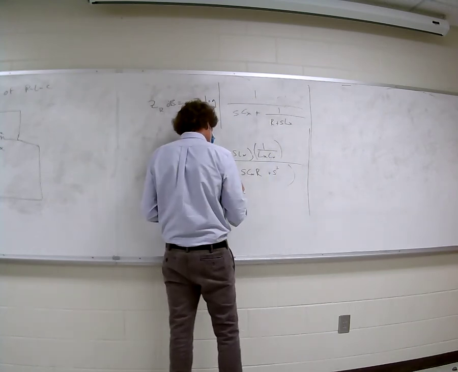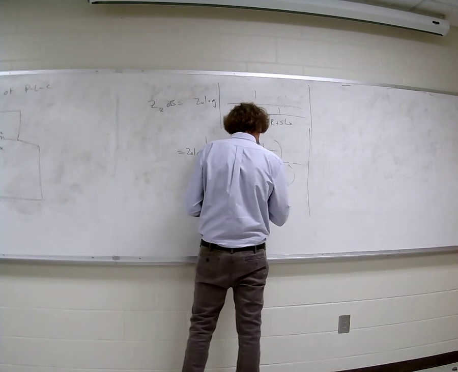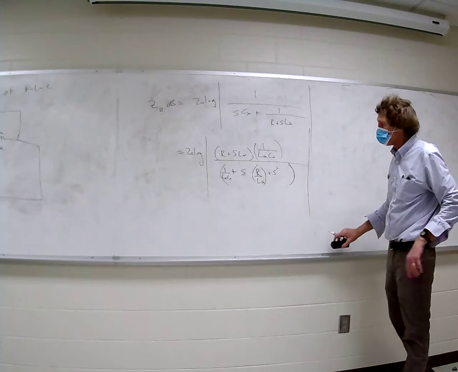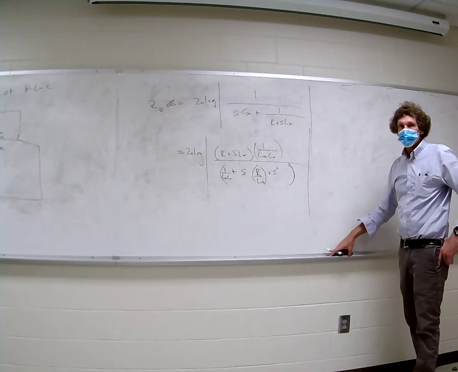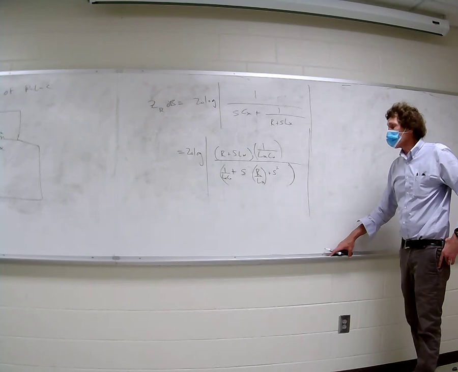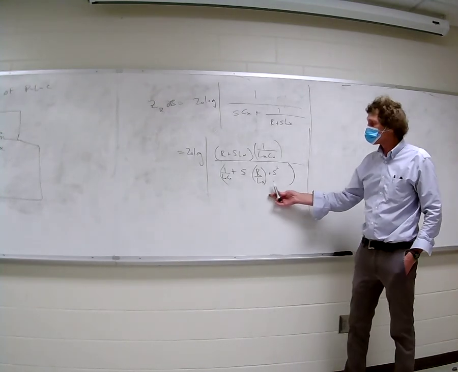This becomes 1 over LXCX, and this becomes R over LX. This should look vaguely familiar to something you've seen long ago when you're dealing with resonant circuits. Do y'all remember this? And if you look at this, I'm just going to ask this. What is the form of this equation? Anybody?